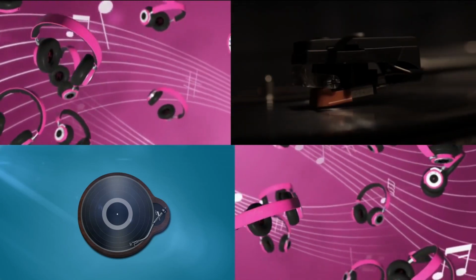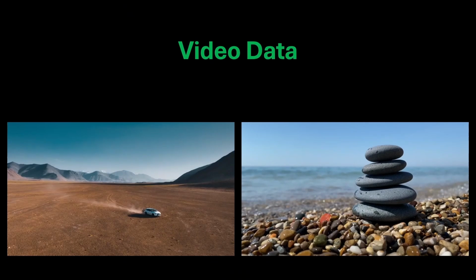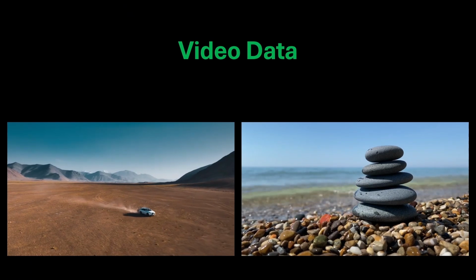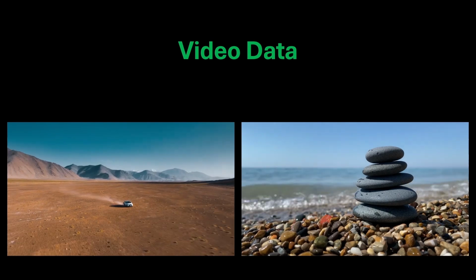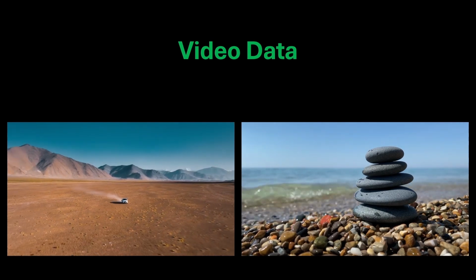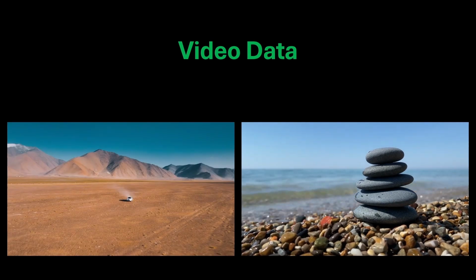So all these are audio data. Video data. Of course, YouTube is a great source of video, and there is a lot of video data available everywhere. So data from drones, various sources of video data.